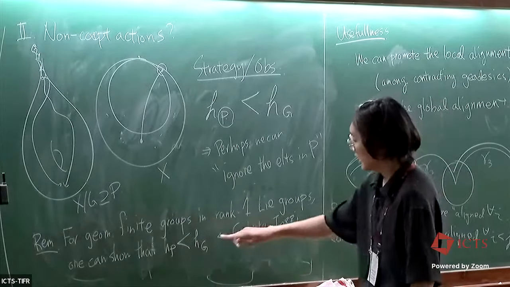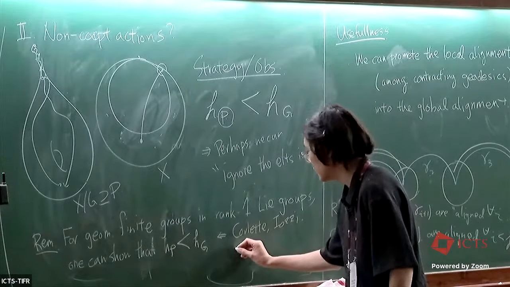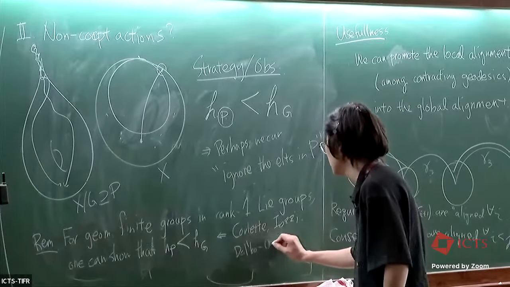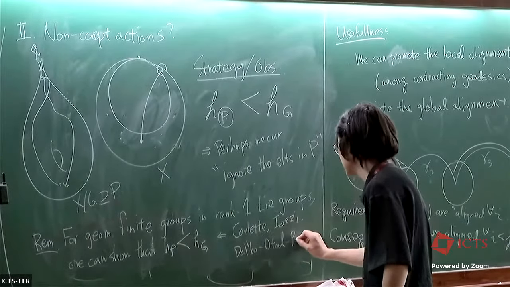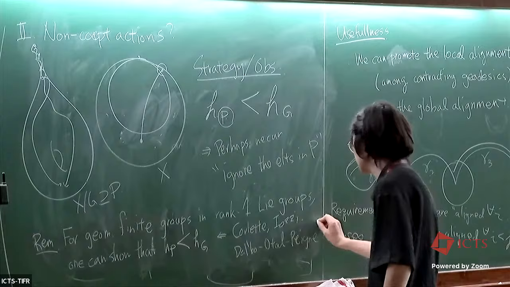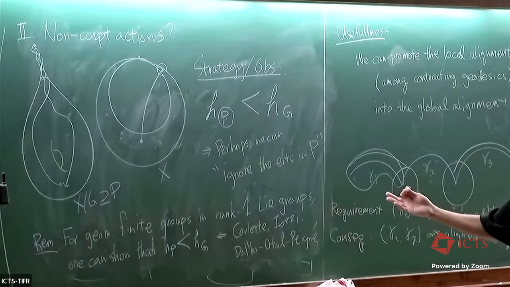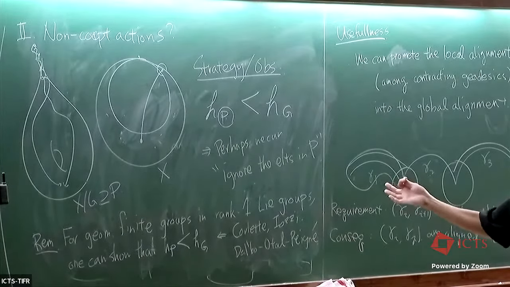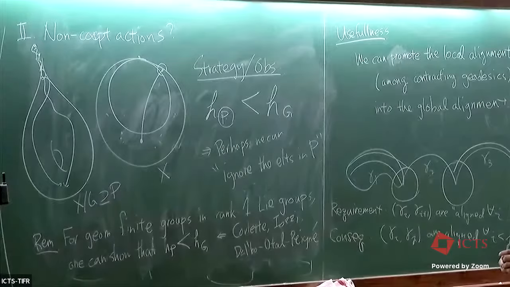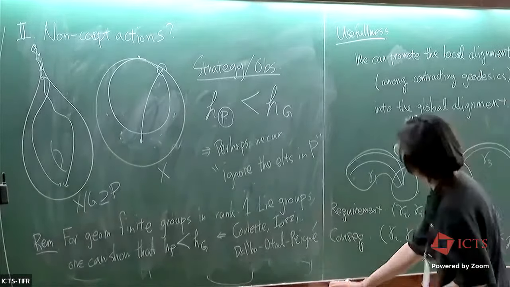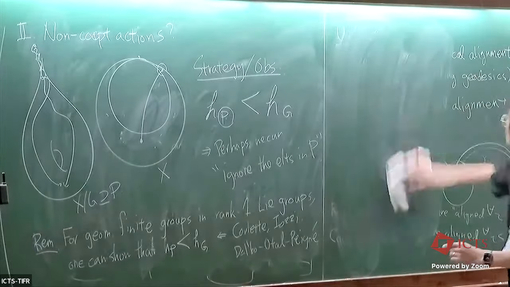And actually, this inequality was shown by Dal'bo, Otal, and Peigné. Okay, so if you're interested in quotients of symmetric spaces, that's good. But we're in a coarse setting. So what's the correct notion?